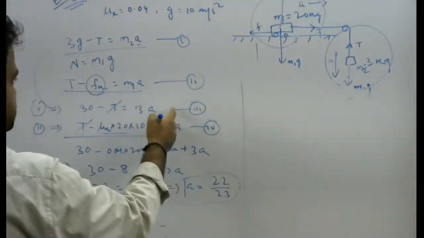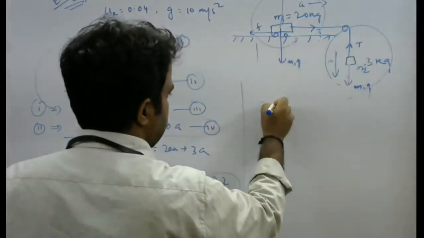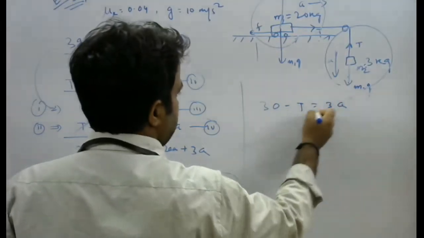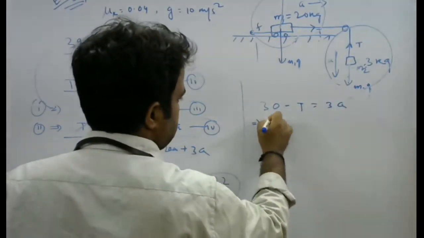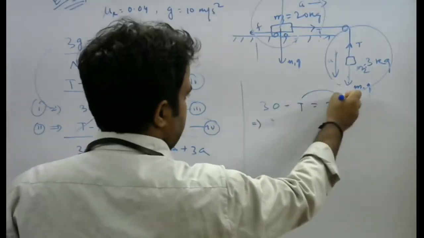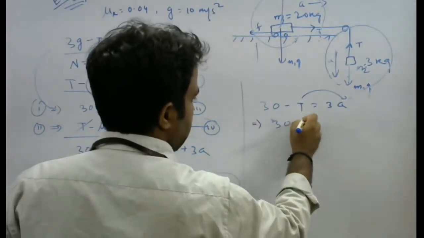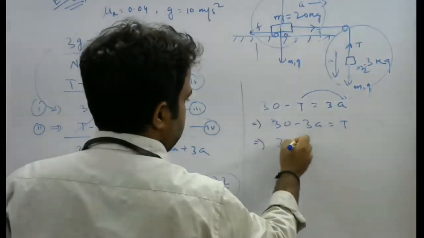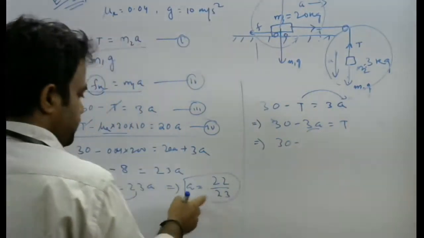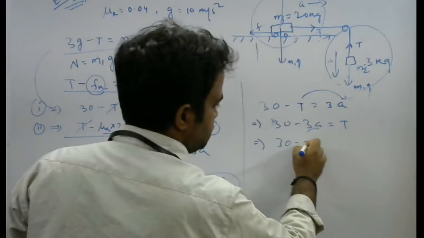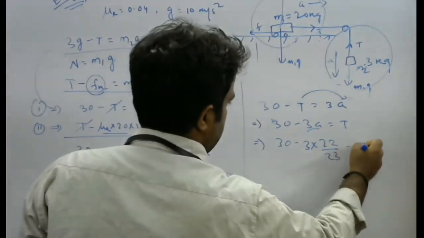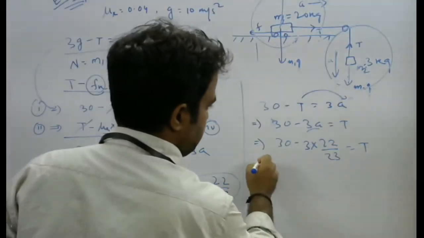So I'll put it in equation 1. So 30 minus T is equal to 3A. Taking 30 to the right side, 30 minus 3A is equal to T. A we have already calculated, so 3 into 22 upon 23.